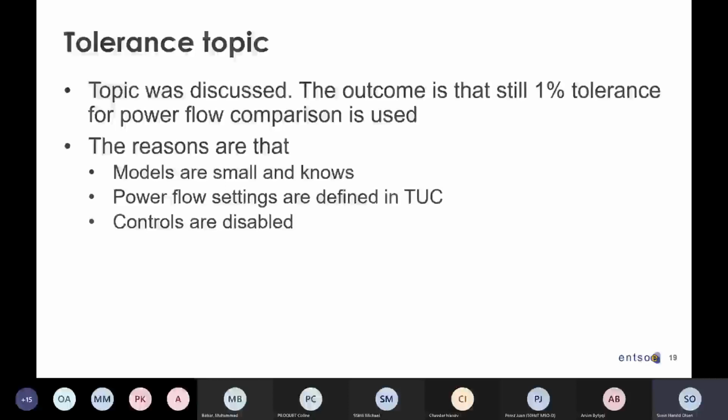We have also disabled the controls, because what we see is that if you have a different order of the controls, or different logic in here, it's very likely that you can get quite different results. This becomes even more problematic when we are looking at big models, and we want to have conformity testing for the site acceptance as well. So any feedback that you can give to make sure that we are going in the right direction to make this better, we're happy to take.